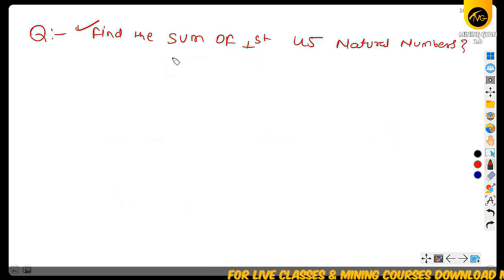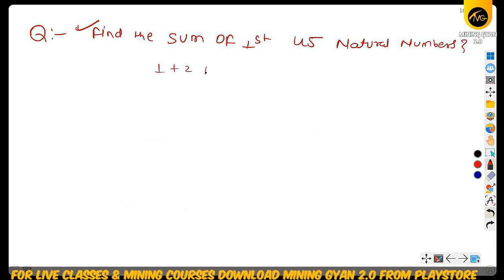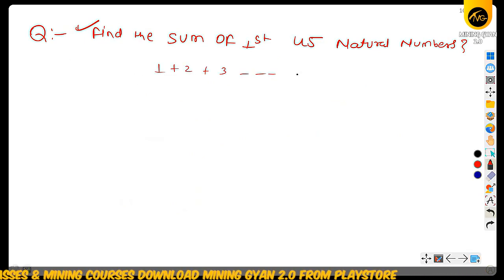Now the next one is find the sum of the first 45 natural numbers. So what are the first 45 natural numbers? Basically the first 45 natural numbers, that means 1 plus 2 plus 3 like that up to 45, right?